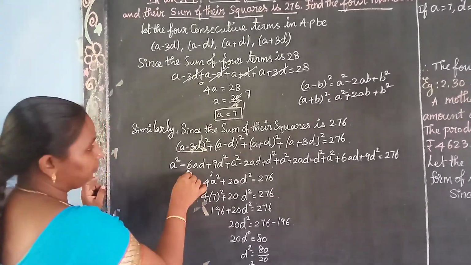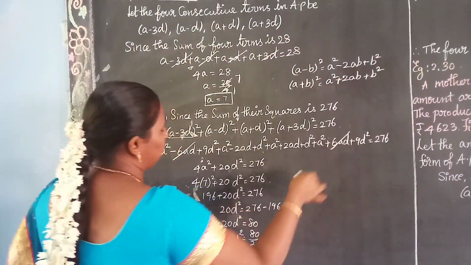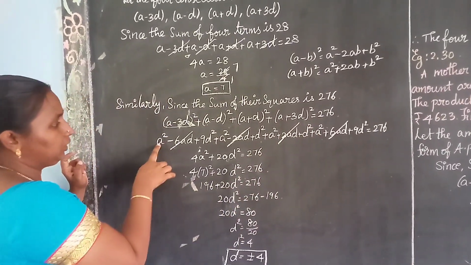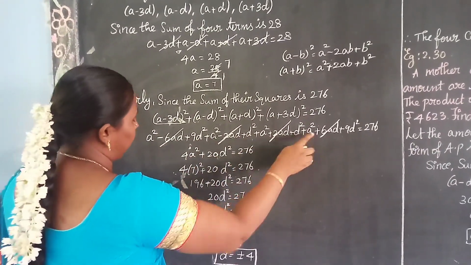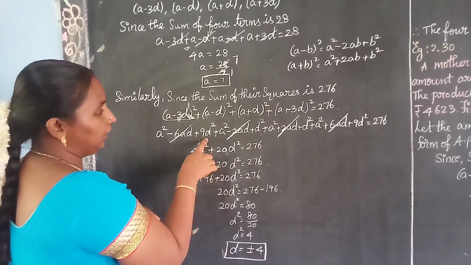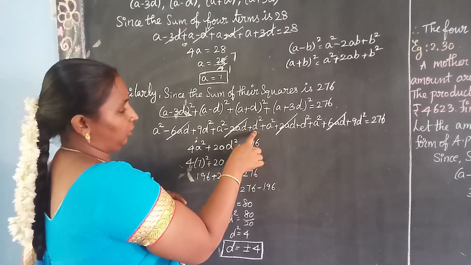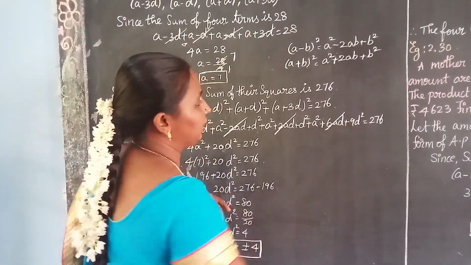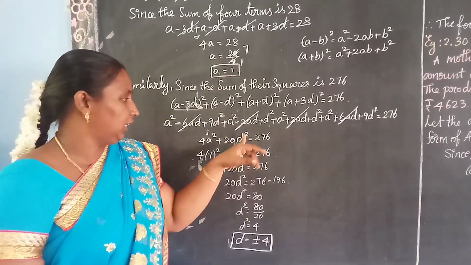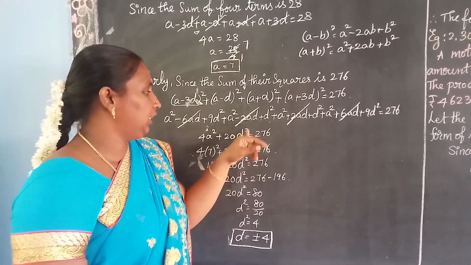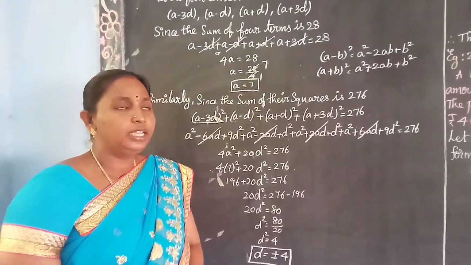So here, minus 6ad plus 6ad will get cancelled, minus 2ad plus 2ad. a square, a square, a square, a square: you will get 4a square. Then 9d square plus d square gives 10d square, then another d square makes 11d square, plus 9d square will get 20d square. So you will get 4a square plus 20d square equal to 276.